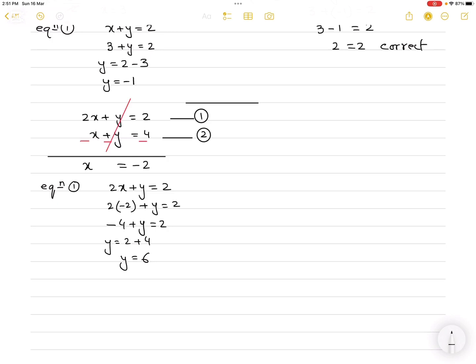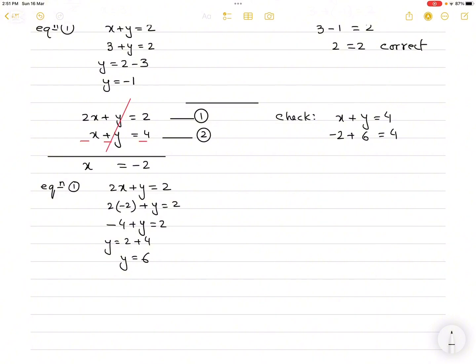Now we can check. You can take x plus y is equal to 4, the second equation, and now place the values of x and y here. x was minus 2 and y was 6.